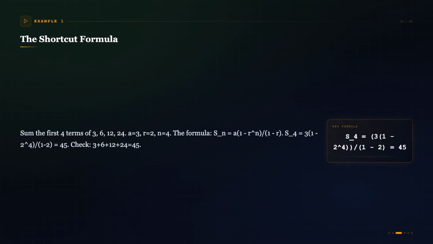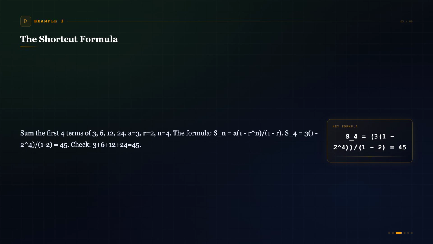And then divided by negative 1 gives us positive 45. Let's check by adding. 3 plus 6 is 9, plus 12 is 21, plus 24 is 45. Perfect. The formula works.